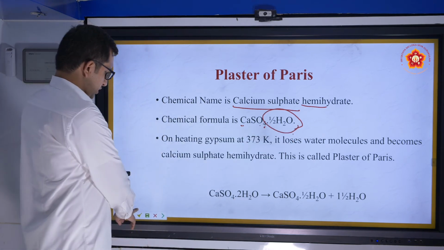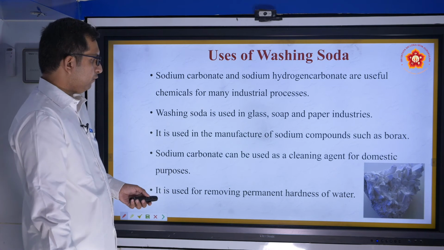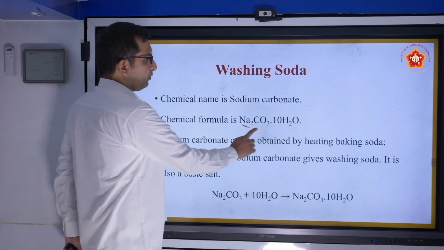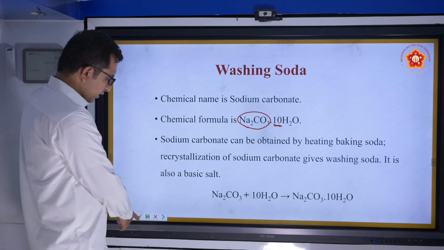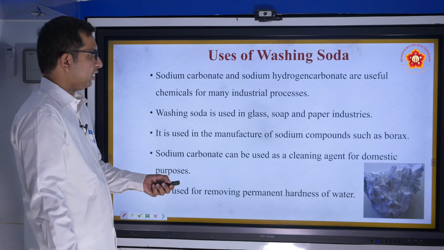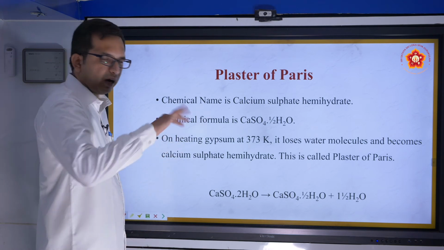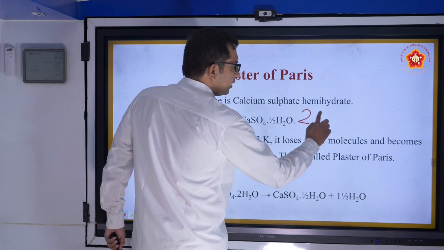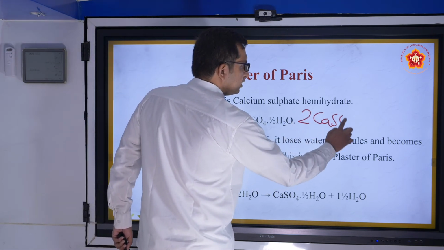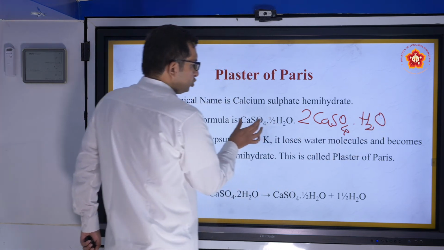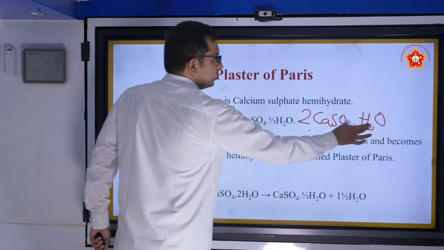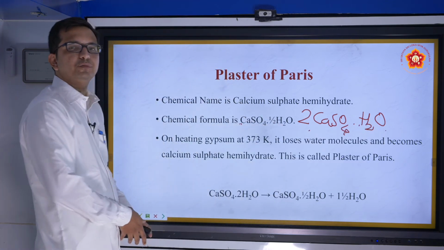If you remember, in washing soda we had sodium carbonate with 10 molecules of water, whereas now we have calcium sulfate with half a molecule. The other way you can write it is 2CaSO4.H2O, which indicates that for 2 molecules of CaSO4 there is 1 molecule of H2O.